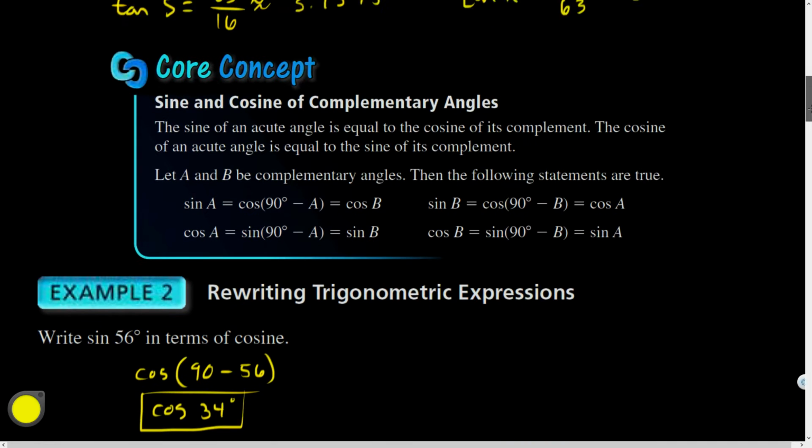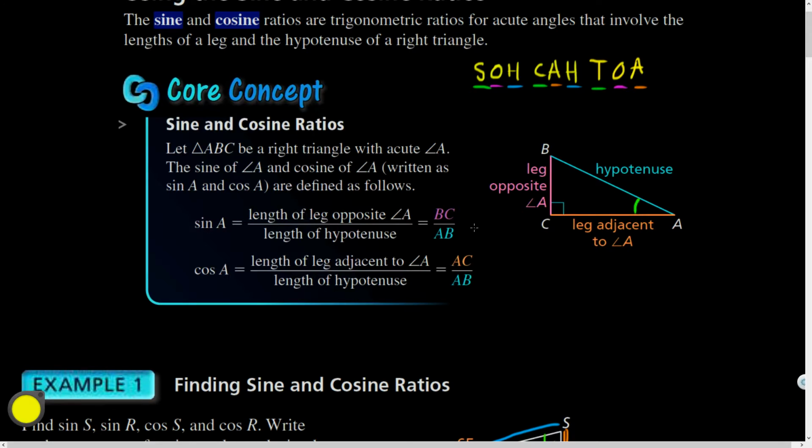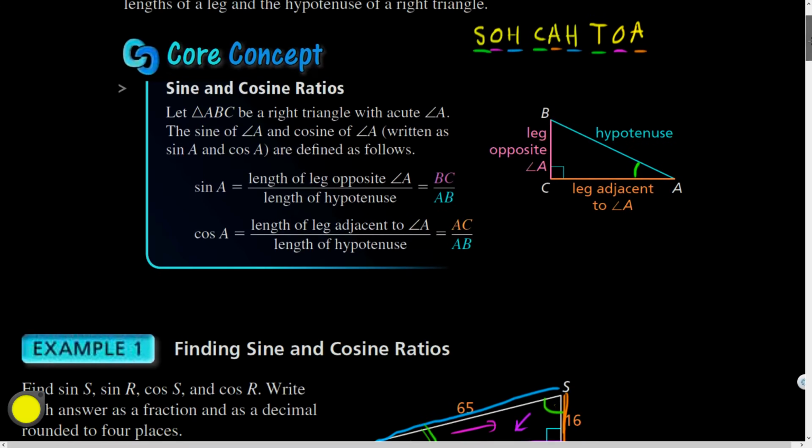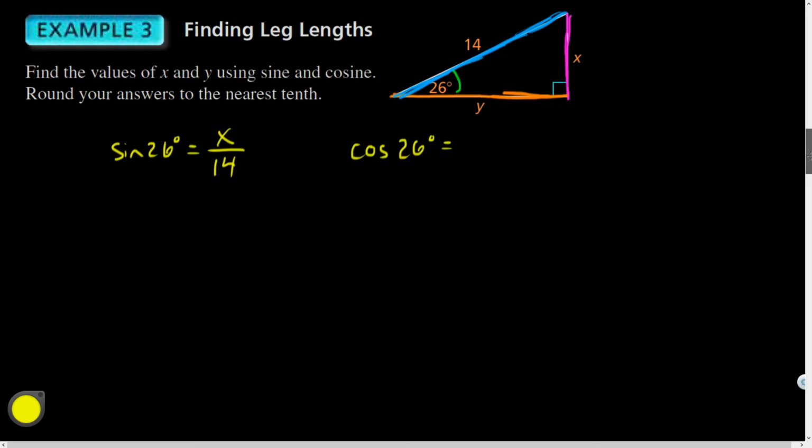I realize that is what we talked about a moment ago here, but I'm more thinking cosine is just the adjacent over hypotenuse route. I do like how colorful that is. Yeah, y over 14. And once I set up those ratios, I can now solve these equations.